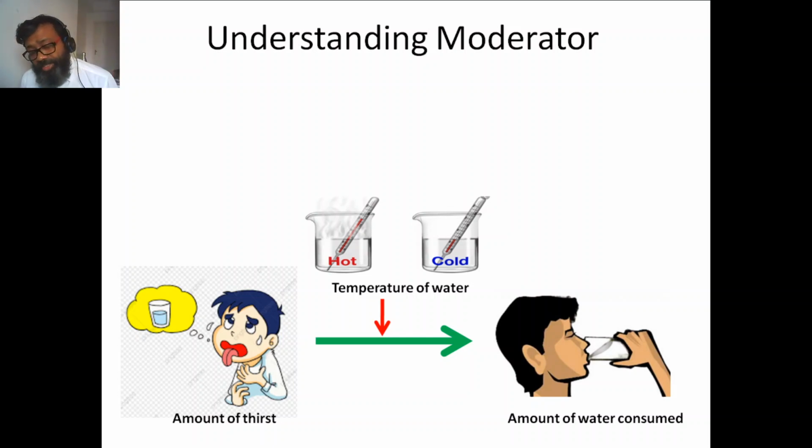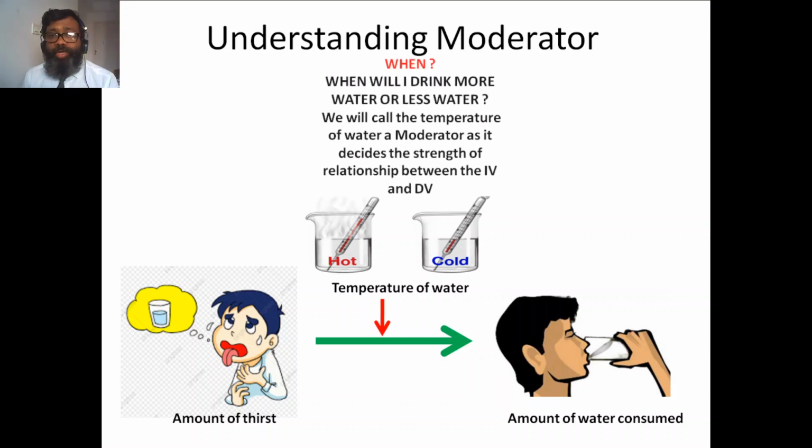Now, what does it mean? It means that the temperature of water actually works on the relationship between the independent variable here, which is the amount of thirst, and the amount of water consumed, which is the dependent variable. So we will call the temperature of water the moderator. What is the role of a moderator?